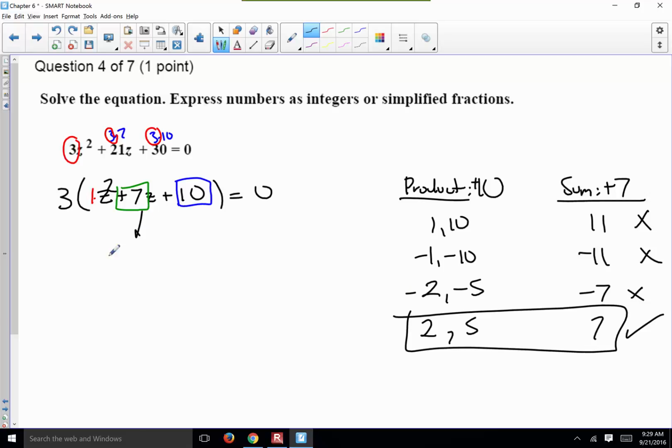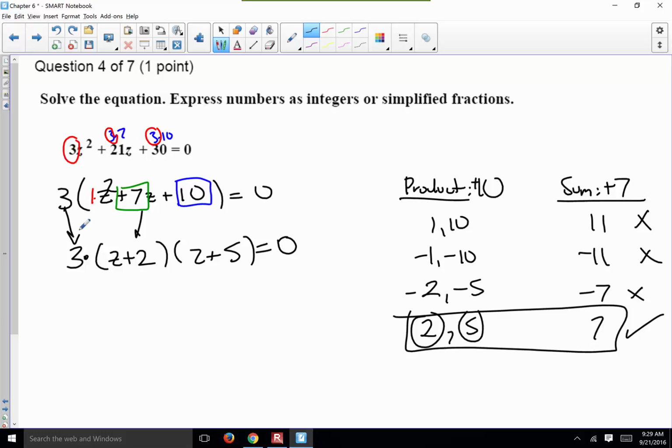So you break this parentheses into z plus 2, z plus 5, 2 and 5, right? And what do I do with the number in front? Nothing, just move it. Carry it forward.